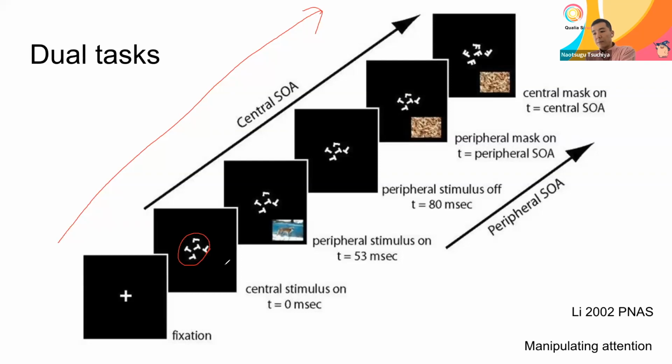And then after that, on top of these T's and L's, at some delay, the so-called stimulus onset asynchrony, SOA, we present these F letters in a rotated way.